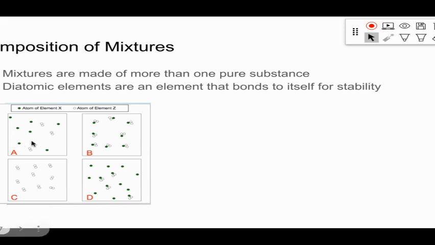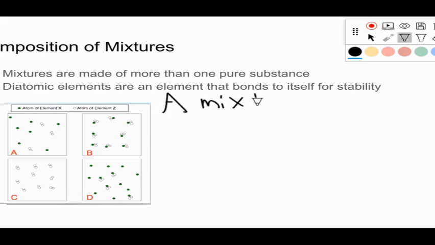In this first picture, A, this is considered to be a mixture because it is made up of the atom X by itself. And then the other thing is Z, but it's not an atom of Z. They are connected. And so the way that we would write it is Z with a subscript of 2.